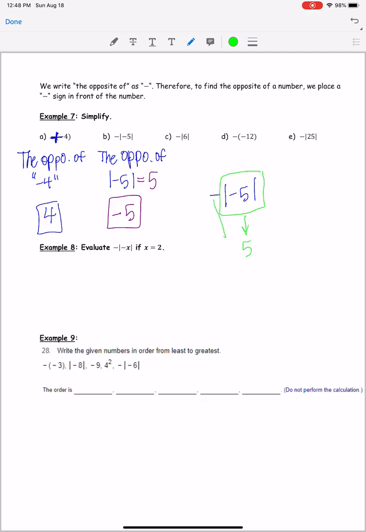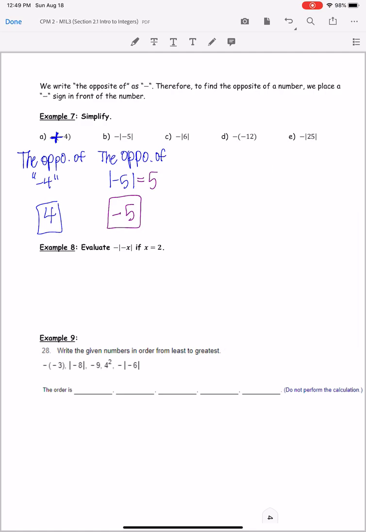And then you take this negative that's on the outside and carry it down. That's another way to think of that. It's honestly an easier way to think of that.